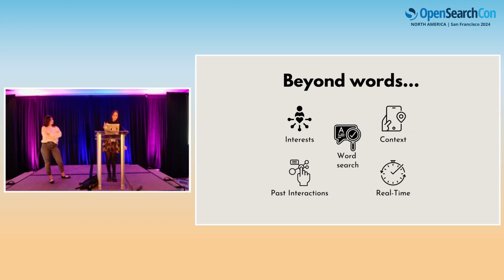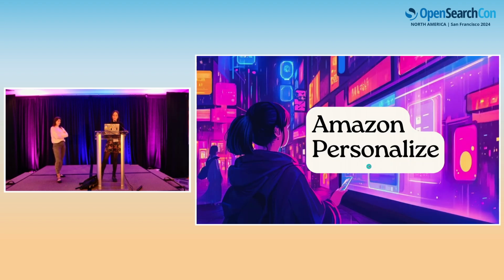Is my user using this from mobile, or more on the desktop? Where is my user located? And gender could also play a role, age, and so on. Also real time: you want this relevance to be computed immediately when the user is using it. So it goes beyond words, and that's why we would use Amazon Personalize.